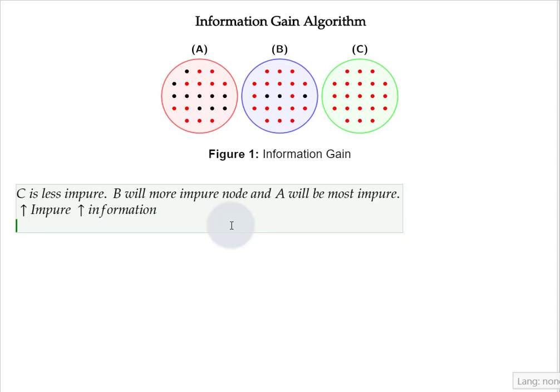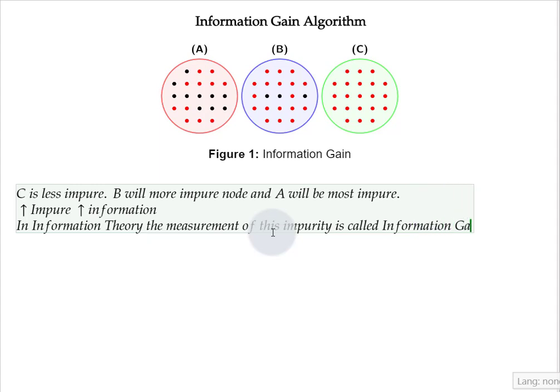In information theory, the measurement of this impurity is called entropy. Sorry, I said information gain at first, but it is entropy. And information gain is just 1 minus entropy.